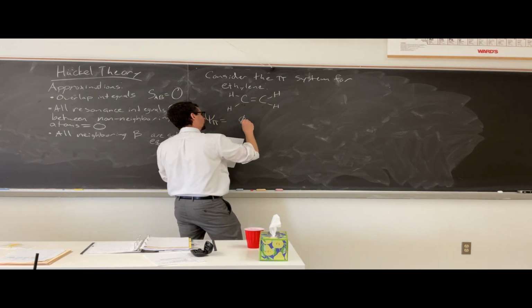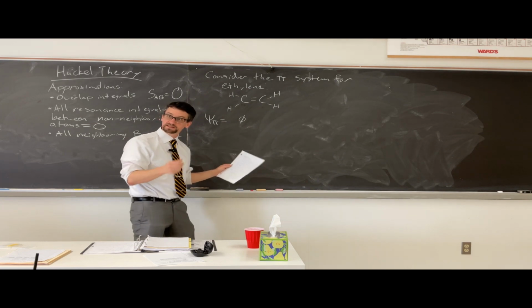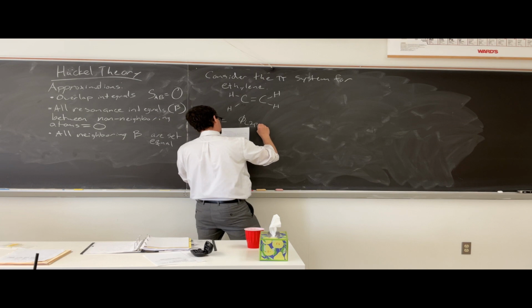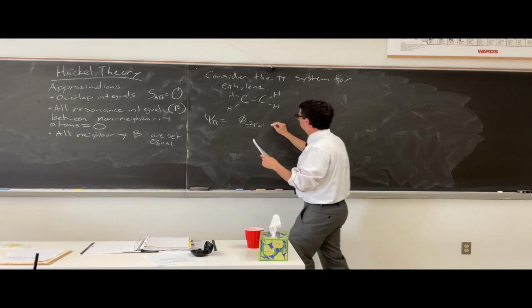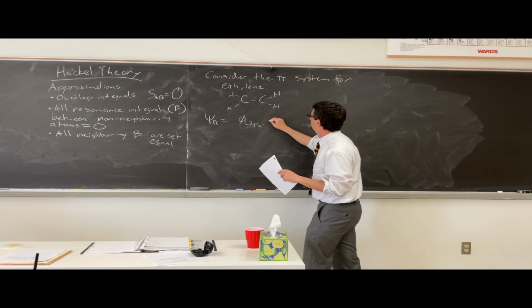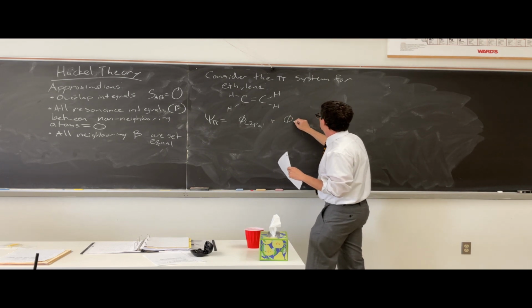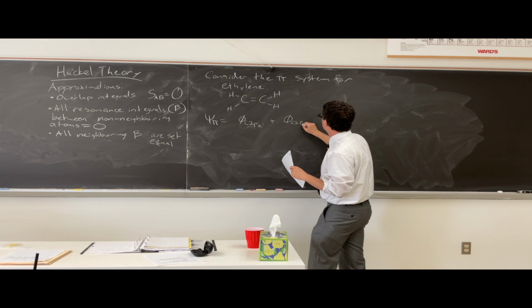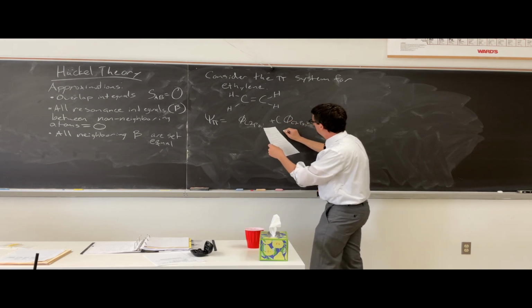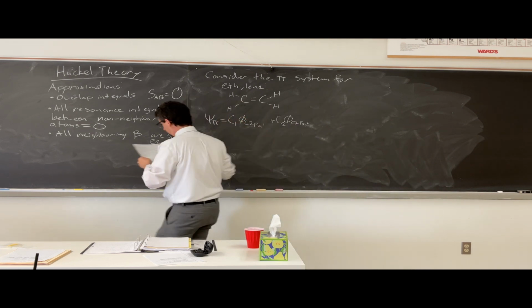Yes, the p orbital. We're going to call it the pz orbital that's not being hybridized. C2pz on carbon number 1. C2pz on carbon number 2. And there's some coefficient there.